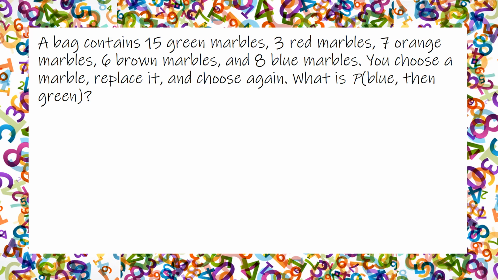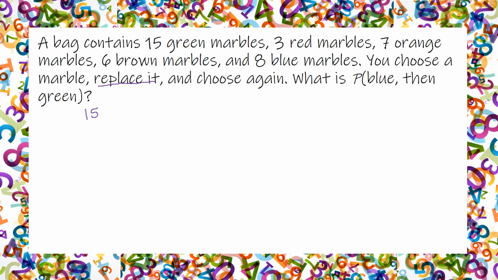A bag contains 15 green marbles, 3 red marbles, 7 orange marbles, 6 brown marbles, and 8 blue marbles. You choose a marble, replace it, and then choose again. So what is the probability of getting blue and then green? So first we need to know how many total marbles we have.